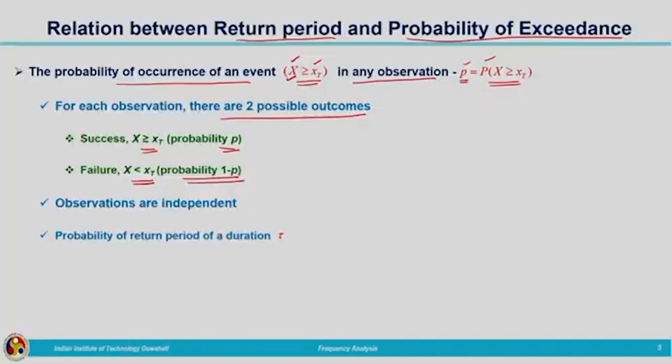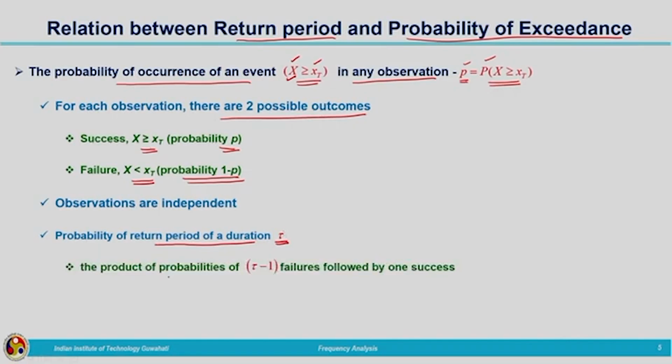So, these two are independent of each other, and if we consider the probability of a return period of duration tau, then we can take the product of the probability of tau minus 1 failures followed by 1 success. We are saying that at least once the event is occurring.